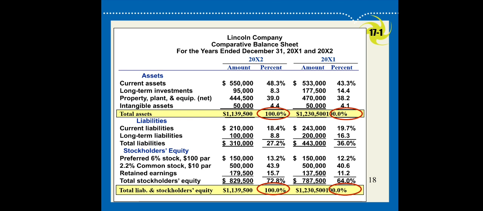If you do vertical analysis and you see that the total liabilities of a business is less than 50% of the total asset of the business, then you can say that the business is still in a good financial condition. This business, the total liabilities is 27.2% compared to total asset, so the business is still in a good financial condition.